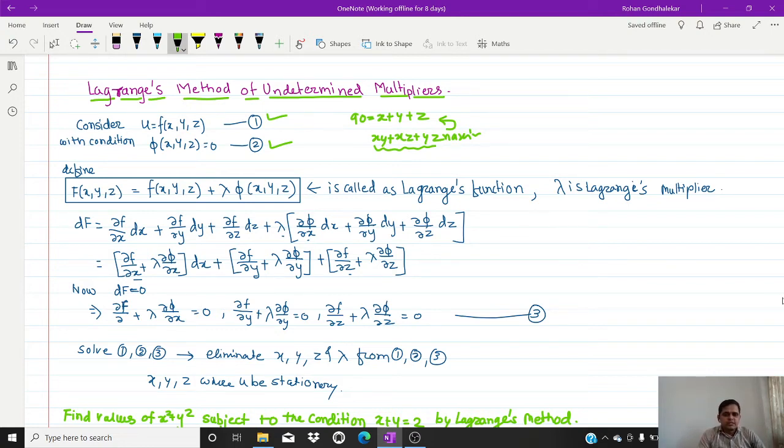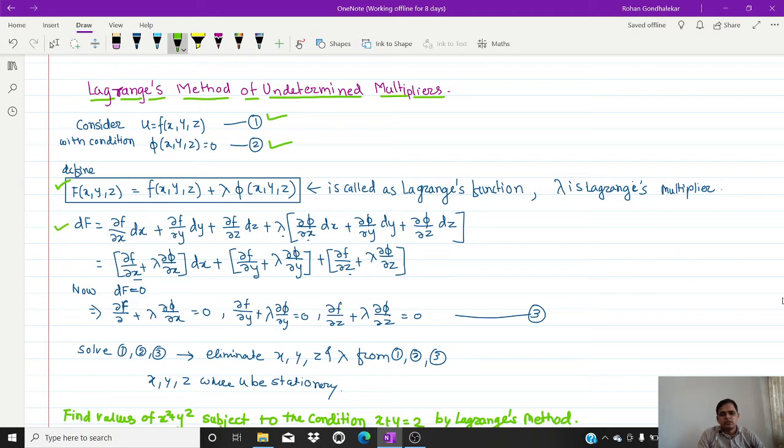Now based on this we are going to define a new function called Lagrange's function. The multiplier, or say the new unknown which is used, called lambda, is known as a Lagrangian multiplier. See, this is the equation that we are going to define. Now after differentiating this equation, I am getting this step.